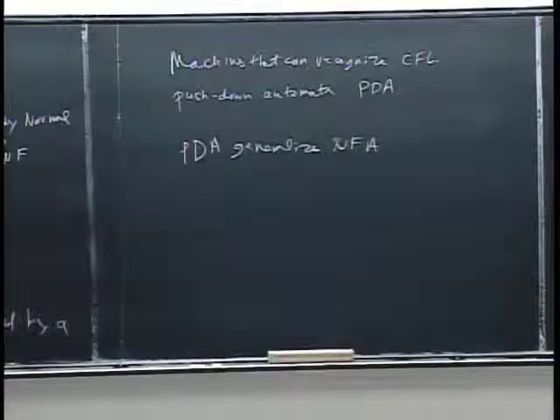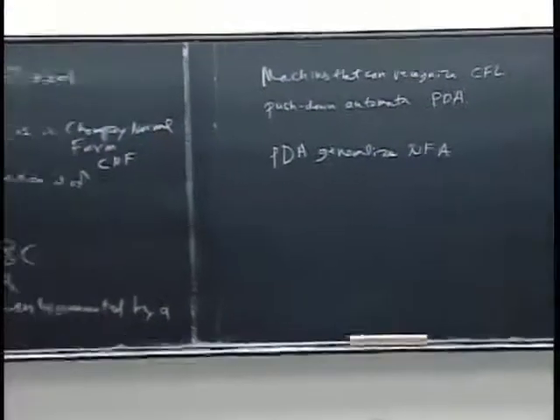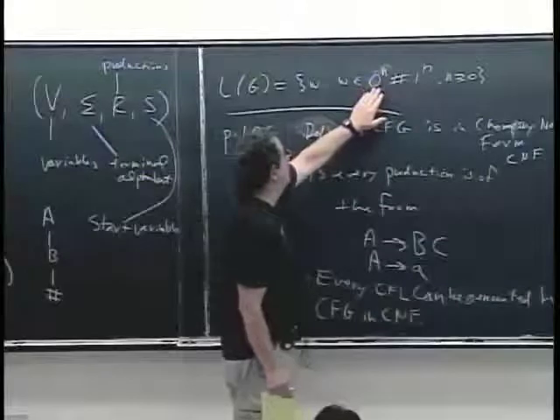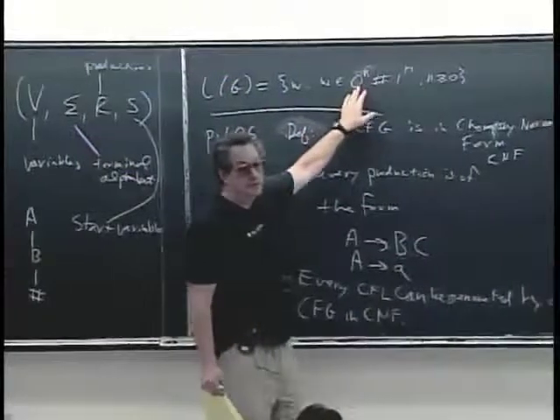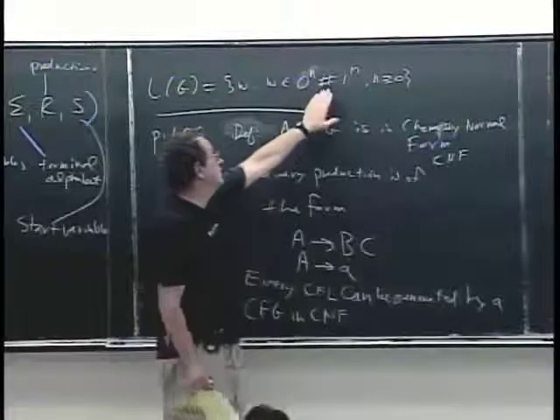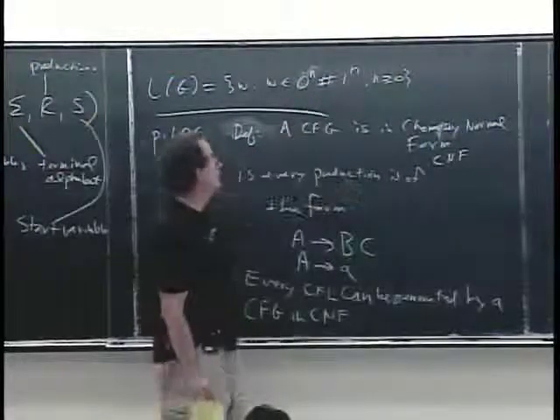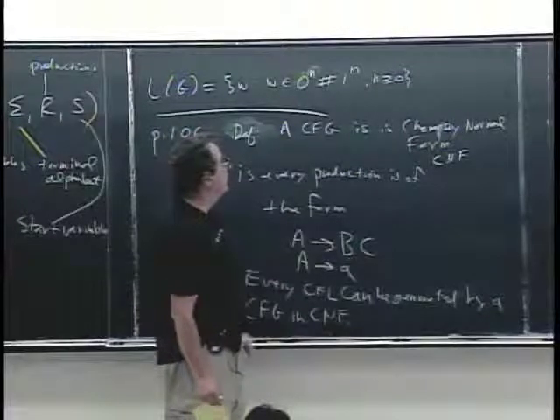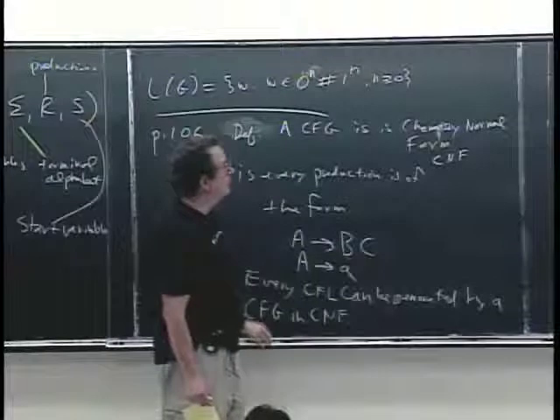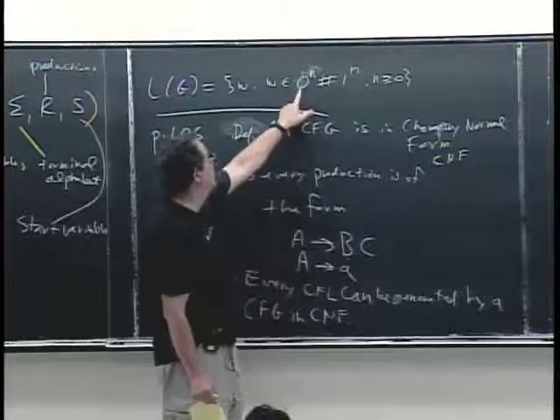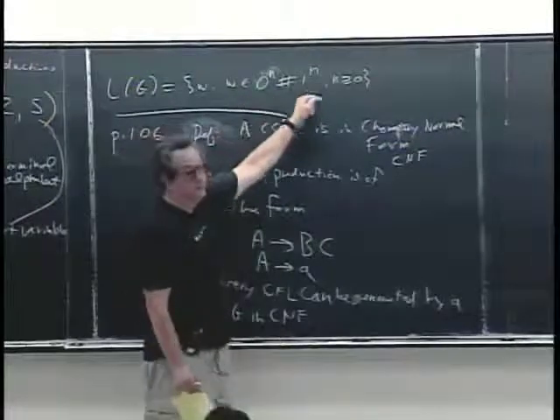Here we saw a language that's very similar, and you should be able to use the pumping lemma, for example, to prove that this is not regular. Because this just looks like the language that we already showed was not regular, except that it has this extra hash mark in between. And we will see in a minute that a pushdown automaton can recognize the language 0^n 1^n.